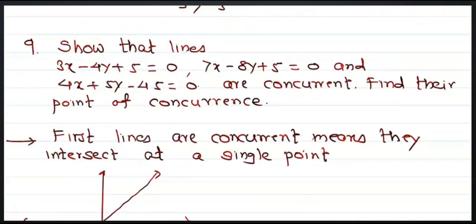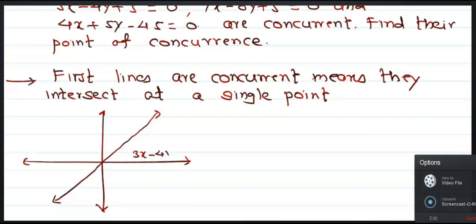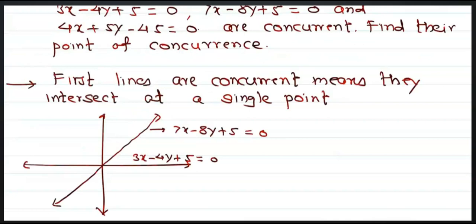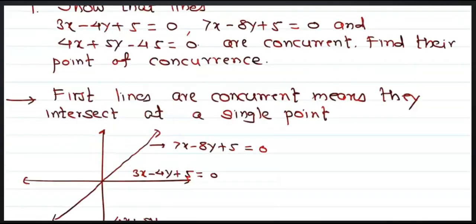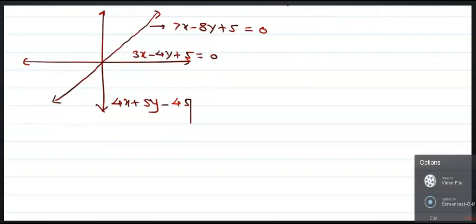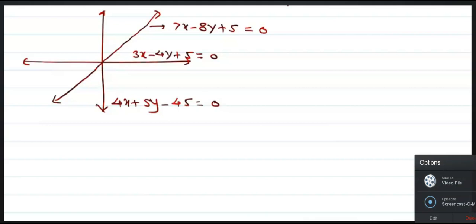First, the lines are concurrent means they intersect at a single point. Now see this, these are the three lines, their equations. Second line, third line.